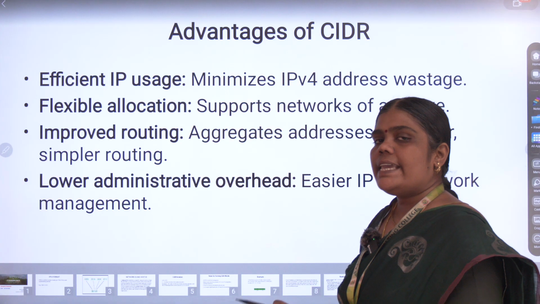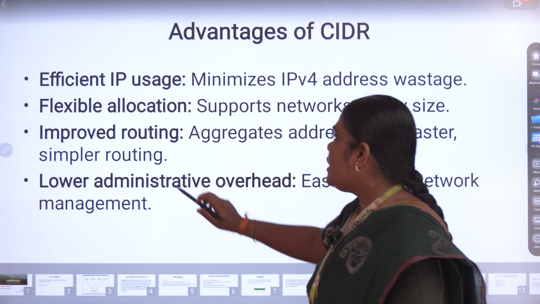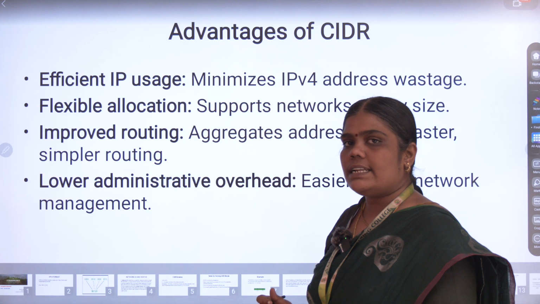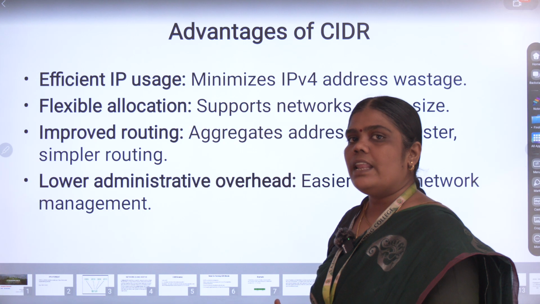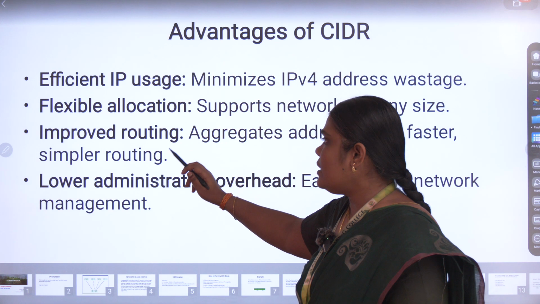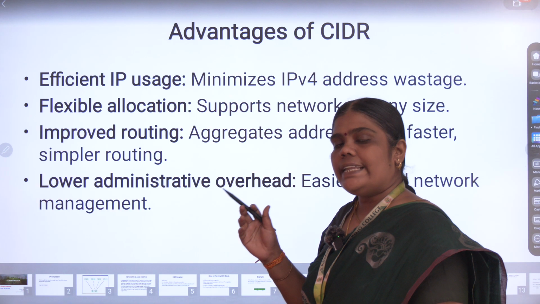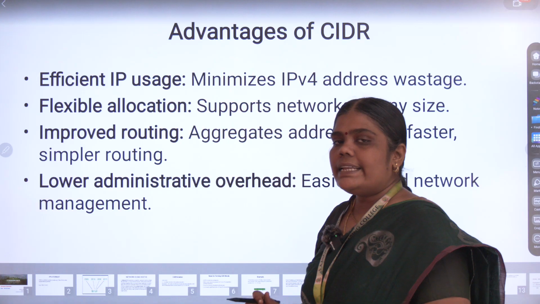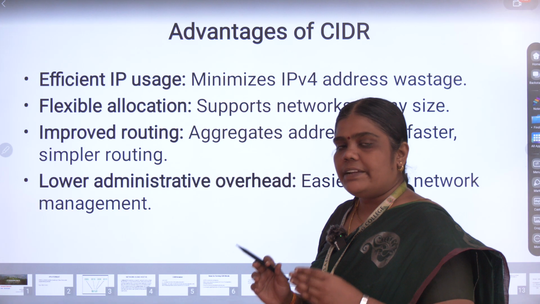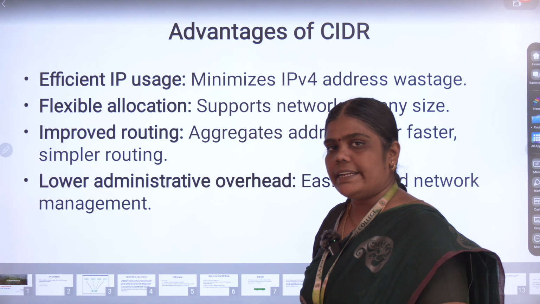If CIDR, classless interdomain routing notation, is used, we get improved routing. See, as a postman, if he knows his street and city address well, he can deliver the message well. Similarly, in CIDR notation, if the IP address can be segregated into network addresses and host addresses separately, all the devices connected to the network will be directly identified by the network ID, and based upon the host ID, each and every device will be uniquely identified.